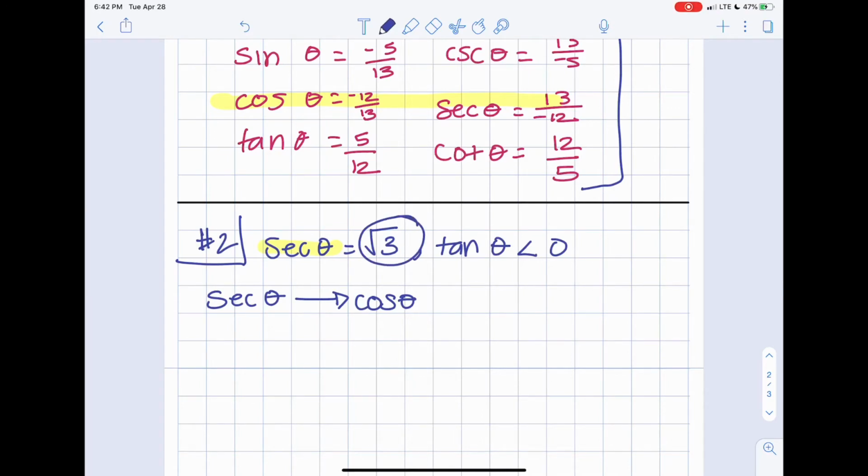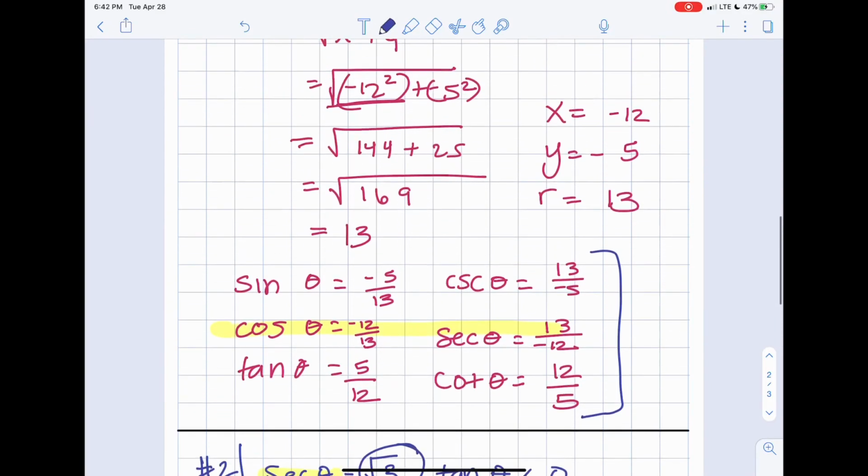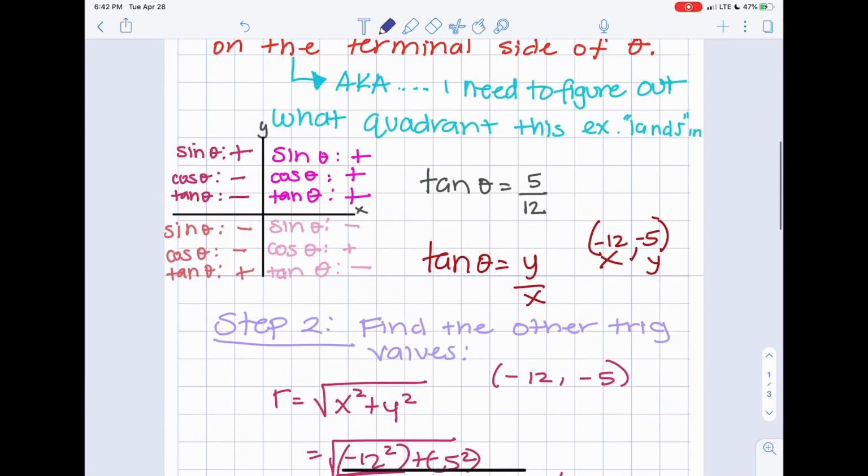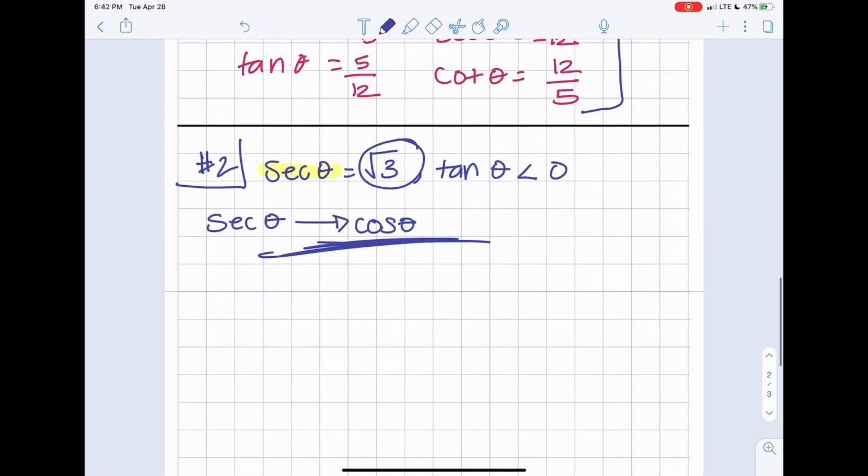And because it's related to cosine, and your secant or your cosecant or your cotangent don't live in this graph here, what you want to look for is its reciprocal. So the reciprocal is cosine. So here it says that cosine of theta is positive, and there's two conditions always. It might be more sometimes, but you need to consider both.